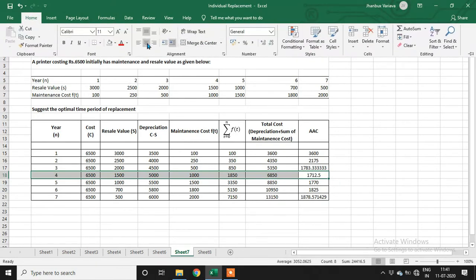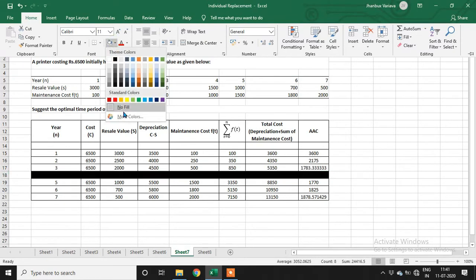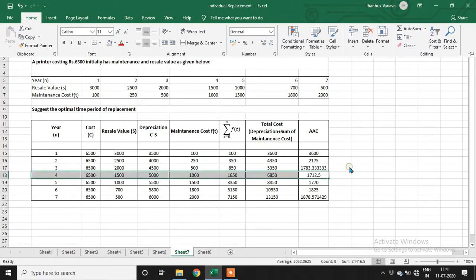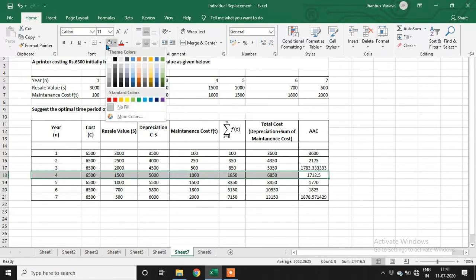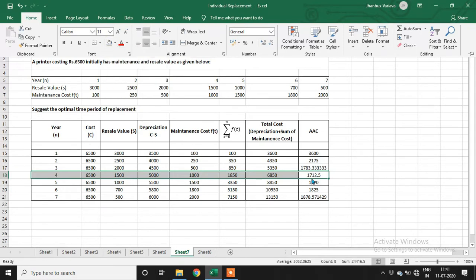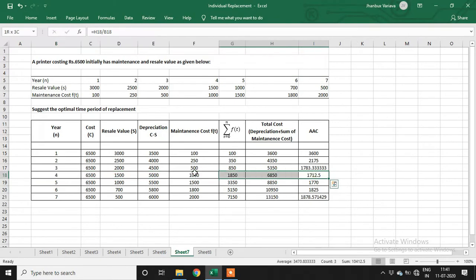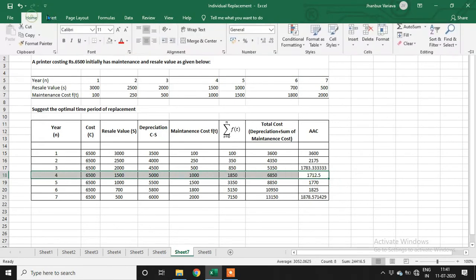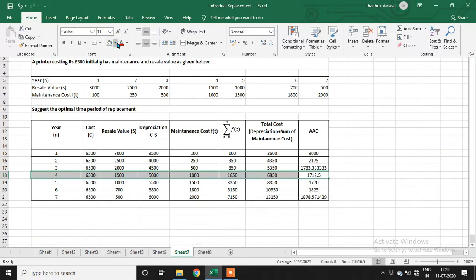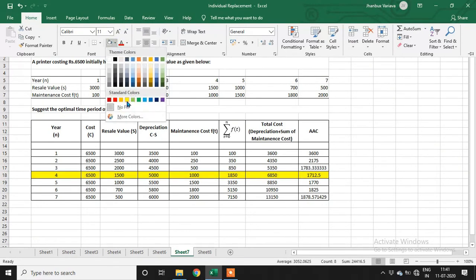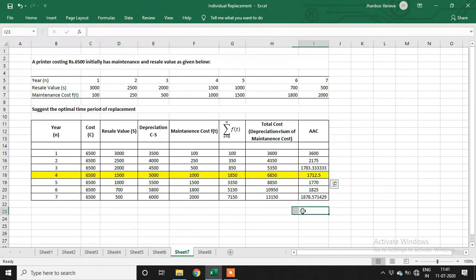That means if I replace this particular printer in the fourth year, then it will give us the best replacement time. So you have to replace your model in the fourth year. Okay, you get the point of what I'm trying to say. So your fourth year will be your optimum value. So you have to write in the answer that according to the calculation, the fourth year is the optimum period where you have to replace your printer.